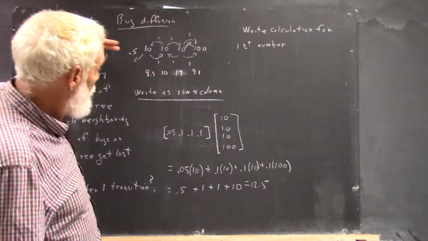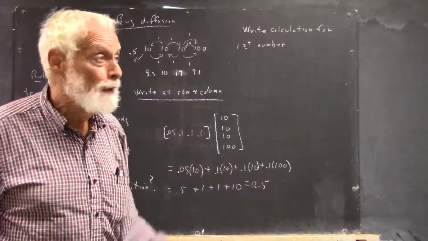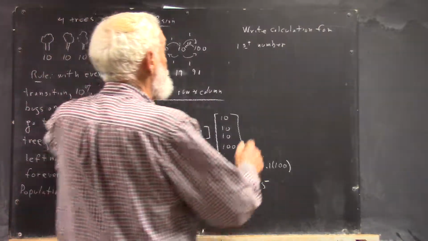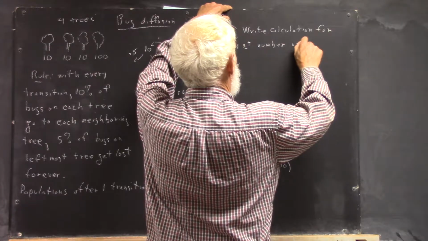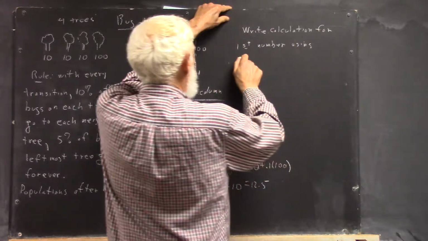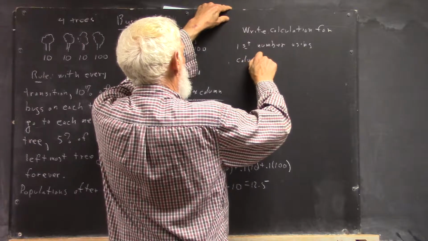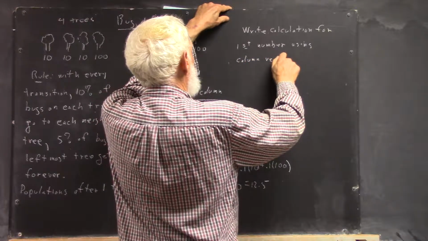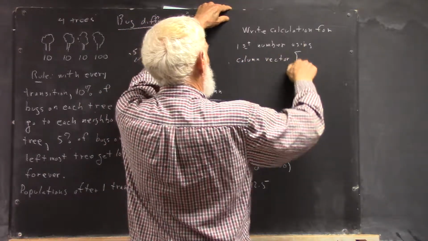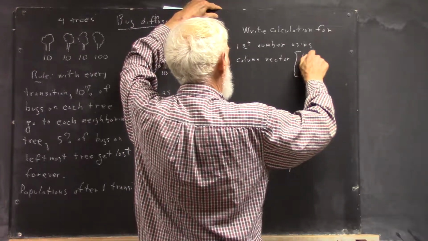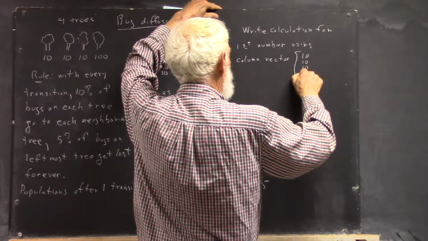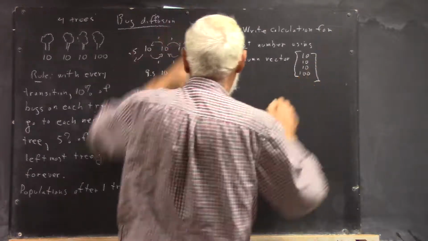Write the one that corresponds to this system, and most specifically, we're going to use the whole column vector. 10, 10, 10, 100, the same way we did here.